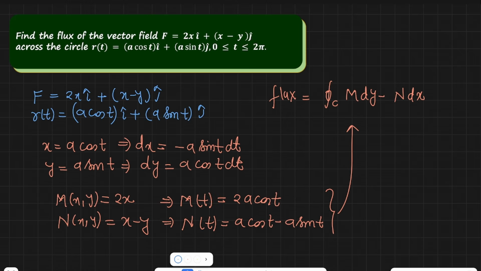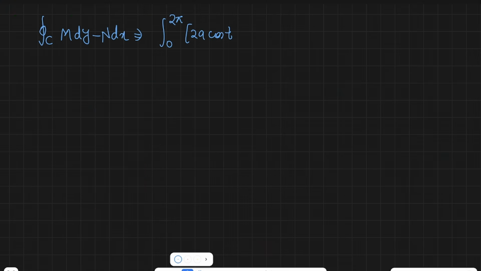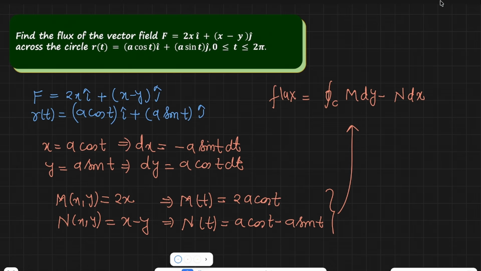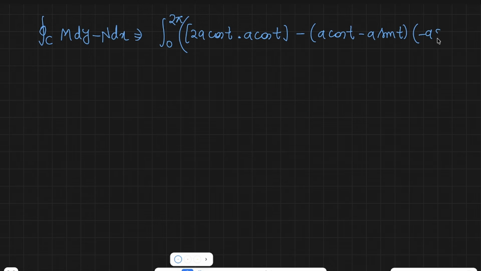I will take dt common. Okay, minus, it is a cos of t minus a sine of t, and dx is basically minus a sine t, so it is minus a sine t and whole dt. Okay, once you solve this, you have to simplify.